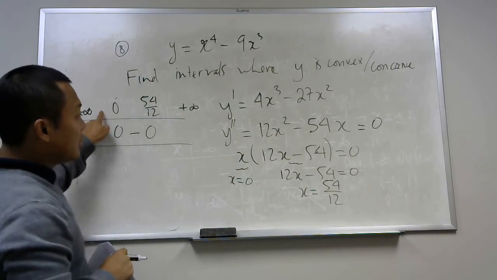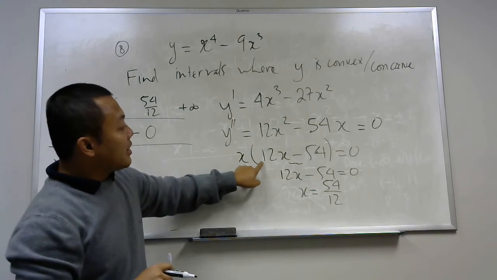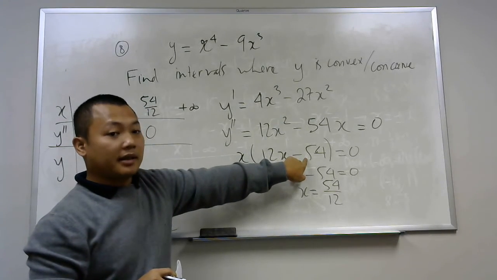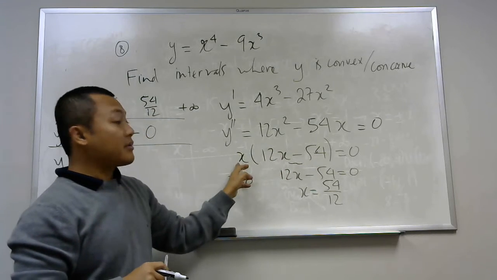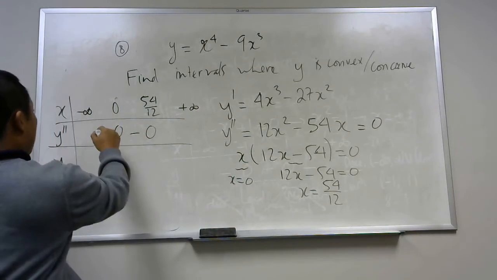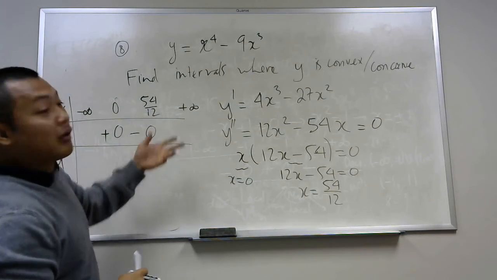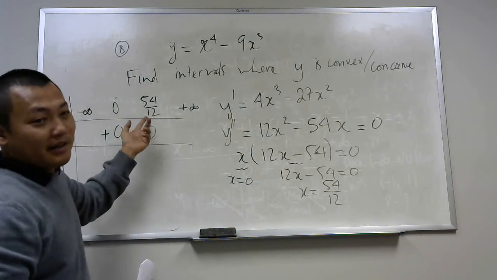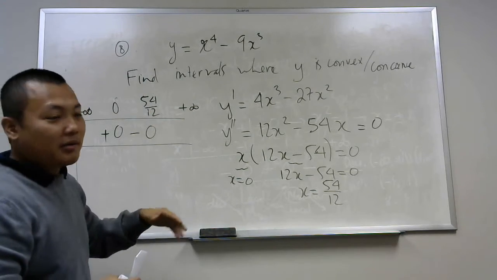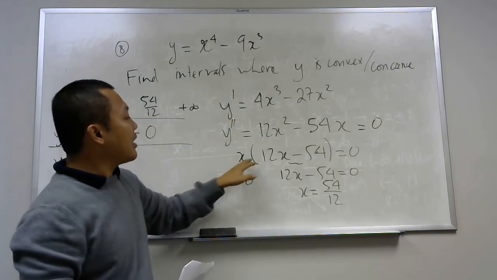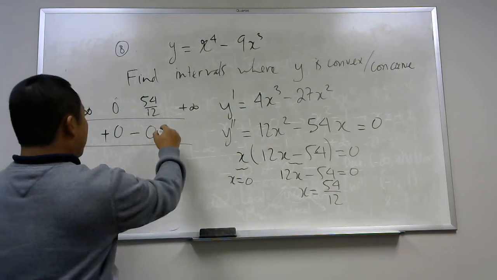I plug negative 1. I get negative in here, and this is negative, so negative times negative would be positive. Positive in here. For this last part, you can pick, for example, 100, because 100 is bigger than this and I don't want to guess. You plug 100 into this, you get positive, positive, which is positive.